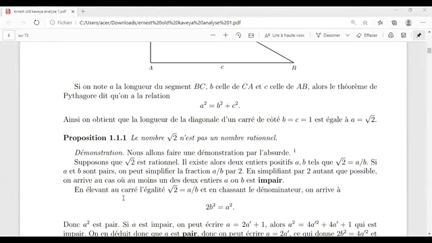En élevant au carré l'égalité, the square root of 2 is equal to A over B, et en changeant les dénominateurs, on arrive à 2B squared is equal to A squared.